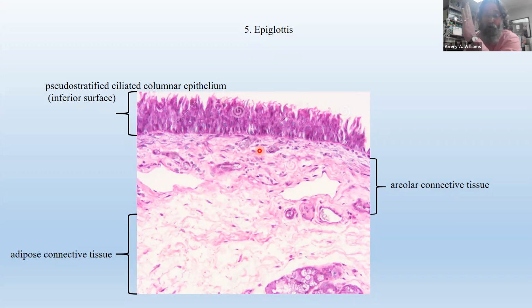PCC, that's the columnar versus squamous. Why am I doing my hands like this? Columnar cells have a vertical orientation. Squamous cells have a horizontal orientation. You tell me, does this look more vertical or more horizontal? It looks more vertical. So I would call this columnar. Yeah, the pseudostratified ciliated columnar epithelium.